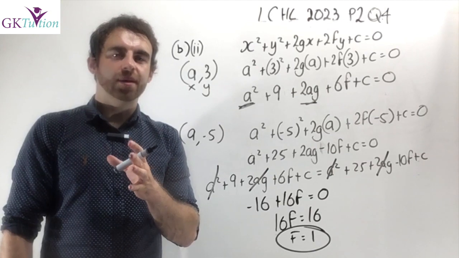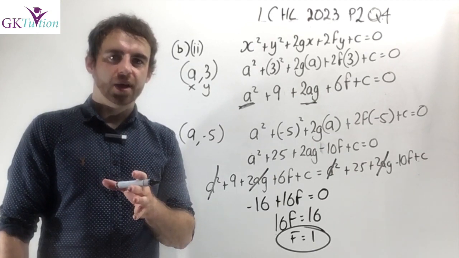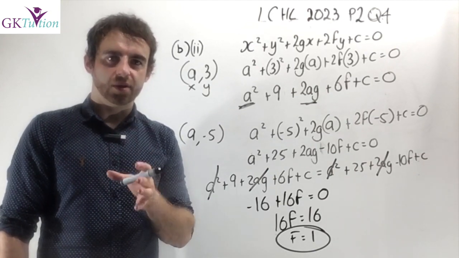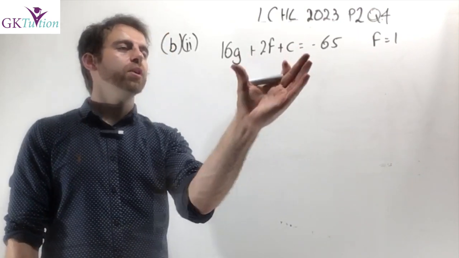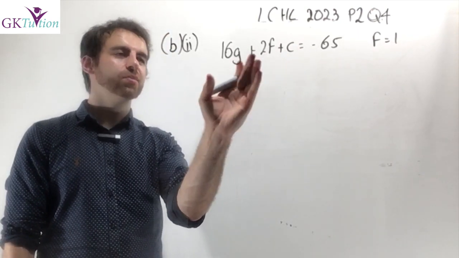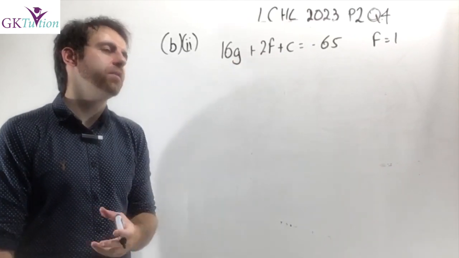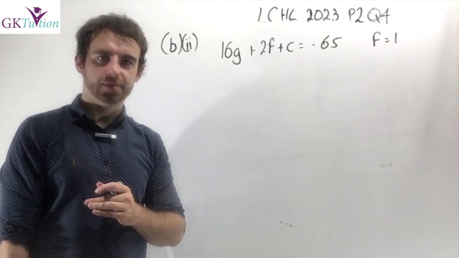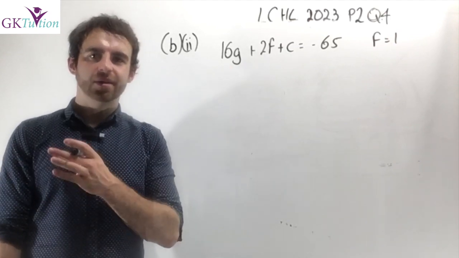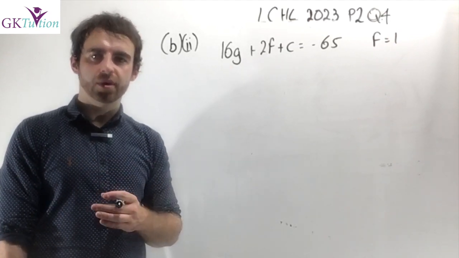But now we need to think about the other piece of information, that we know the radius of this circle. So the information we have so far, we know f equals 1, and we know that this equation is valid as well with a g, f and c in it. Obviously at this point I can sub in f equals 1, but let's just hold off on that for a moment. The next thing you have to recognize is that we know the radius is equal to the square root of 20.